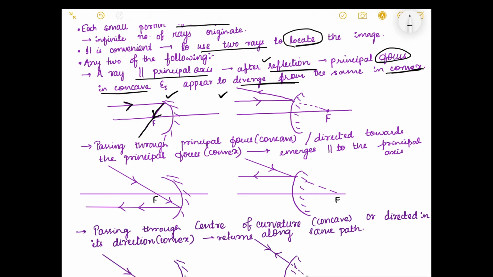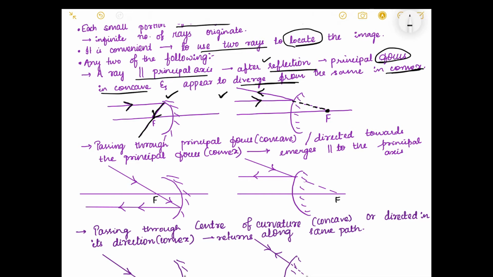Similarly, in this figure, this is the image formation. In the case of a convex mirror, the ray which is incident gets reflected in this direction and appears to diverge from the focus of the mirror. So a ray parallel to the principal axis, after reflection, passes through the focus in a concave mirror and appears to diverge from the same in the convex mirror.